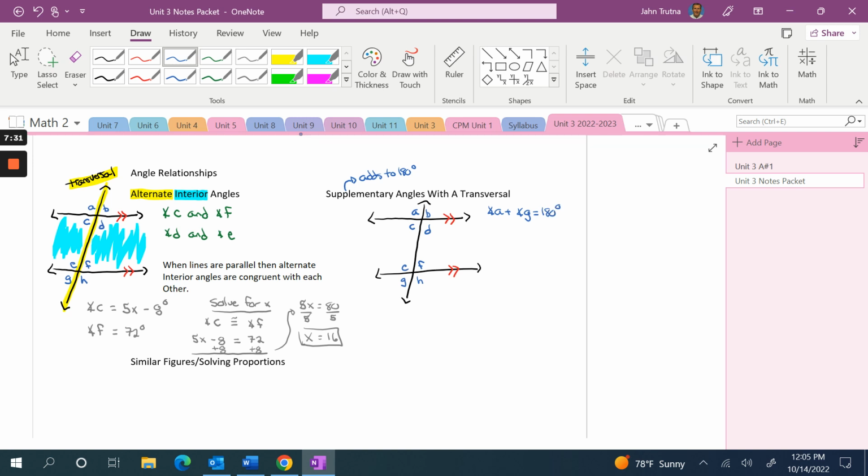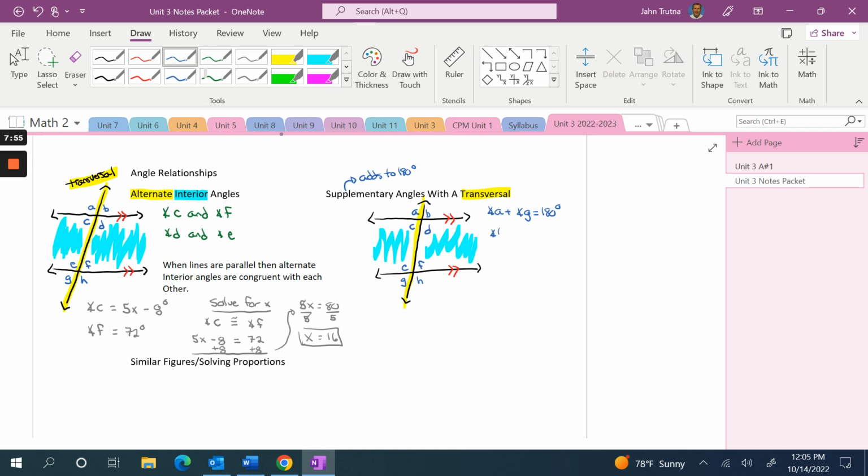Notice when I look at the transversal, A and G are both on the same side of the transversal, but A and G are on the outside of the parallel lines. That would mean B and H would also be considered supplementary.